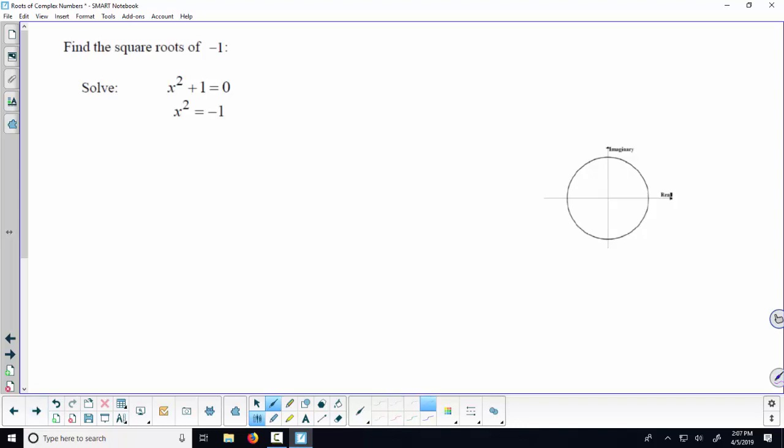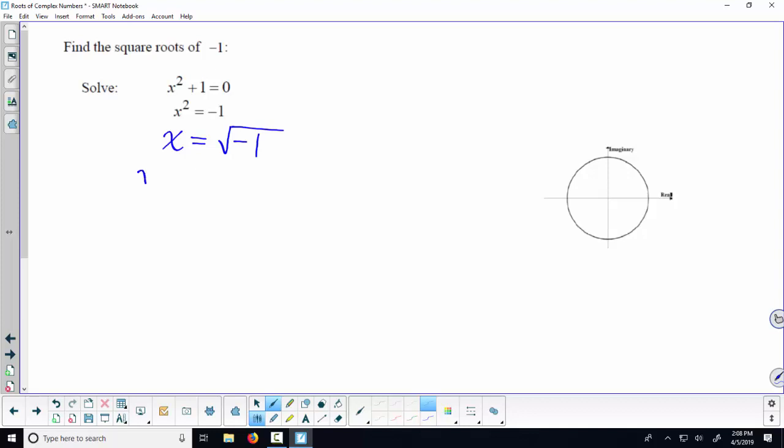What are the numbers that you square to get negative 1? So it's like solving the equation x squared plus 1 equals 0. So x squared is negative 1. So we know x is the square root of negative 1. Okay? So this is why we're saying we're looking for the square roots of negative 1.